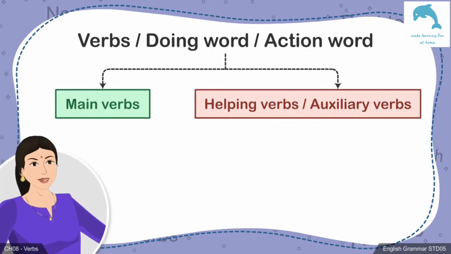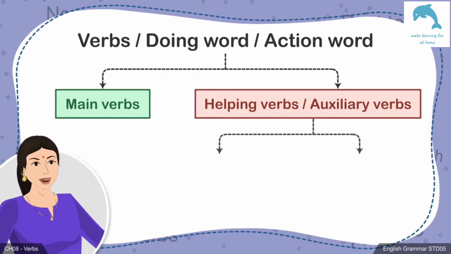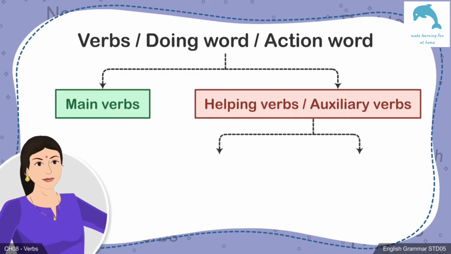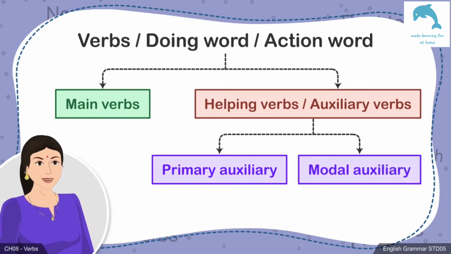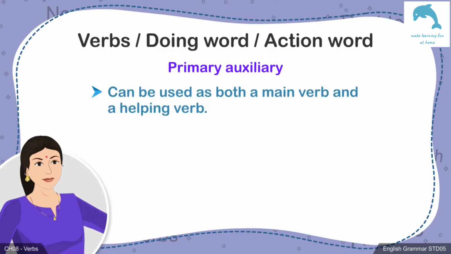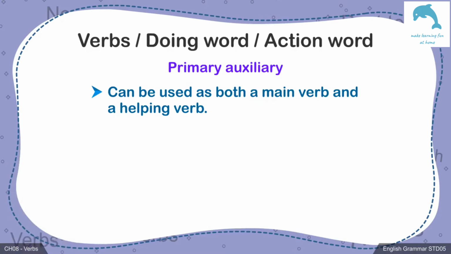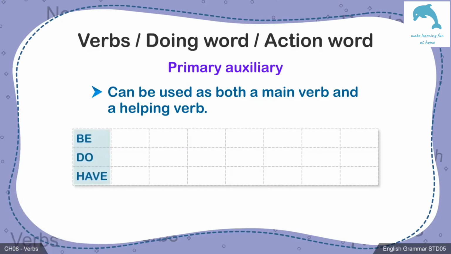Now that you have understood this concept, let's understand a little more about auxiliary verbs. Helping verbs are further divided into two categories, primary and modal auxiliaries. Primary auxiliaries are verbs that can be used as a main verb and as a helping verb in sentences. These auxiliaries come under forms of be, do, have.